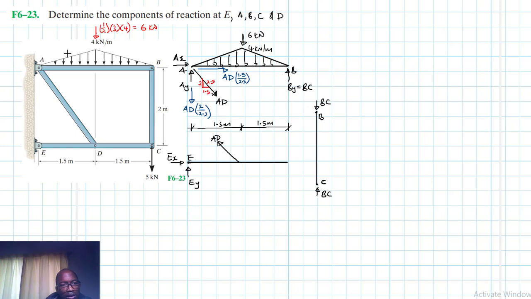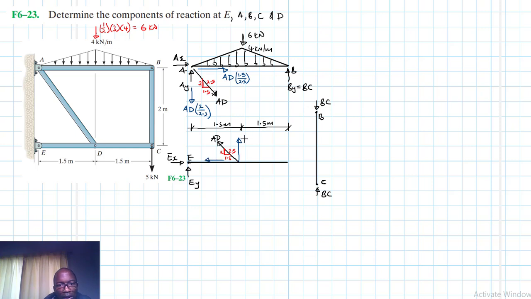This is our AD, and the slope is the same, which is 1.5 by 2 by 2.5. And then we have components.